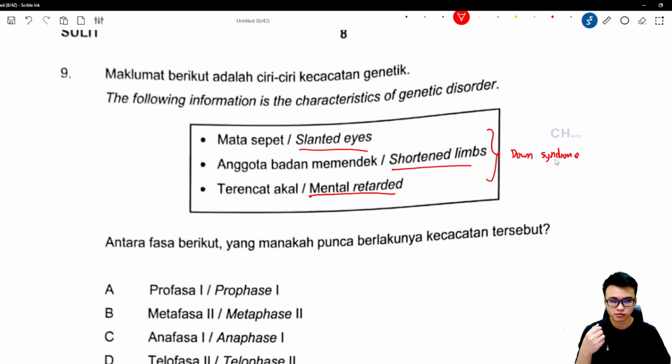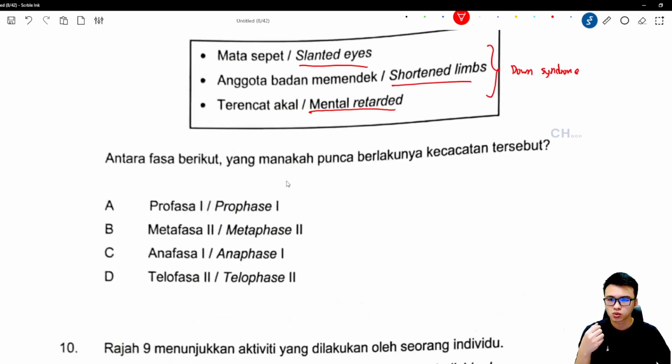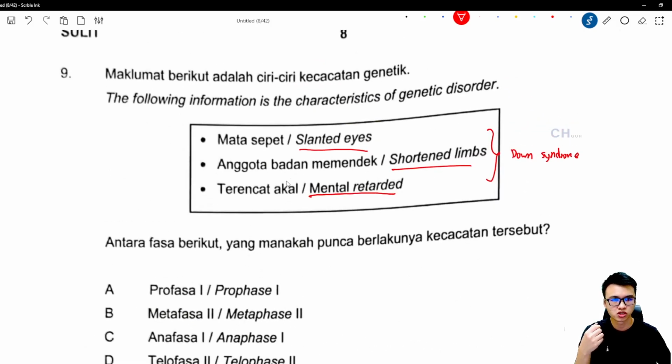Down syndrome has an extra 21st chromosome. So you have one more extra chromosome. A normal person only has 2 chromosomes, but for Down syndrome, they have 3 chromosomes.